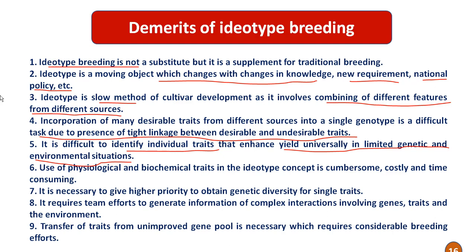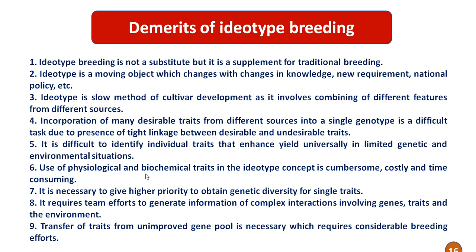So this is another demerit of ideotype breeding. Then use of physiological and biochemical traits in the ideotype concept is cumbersome, costly and time consuming. As we discussed earlier, the use of these traits is very cumbersome, costly and time consuming.